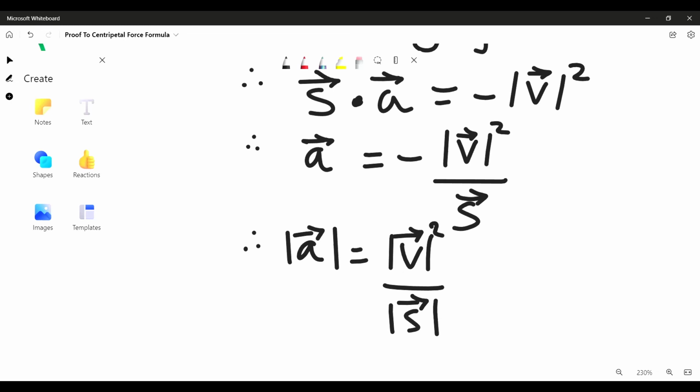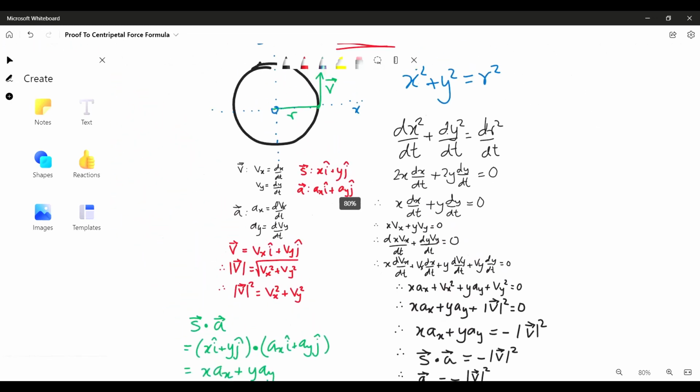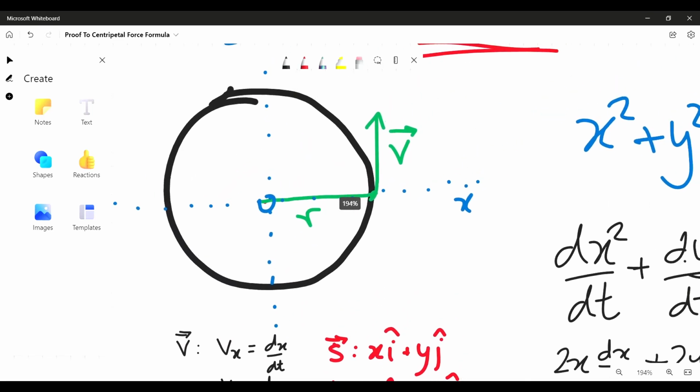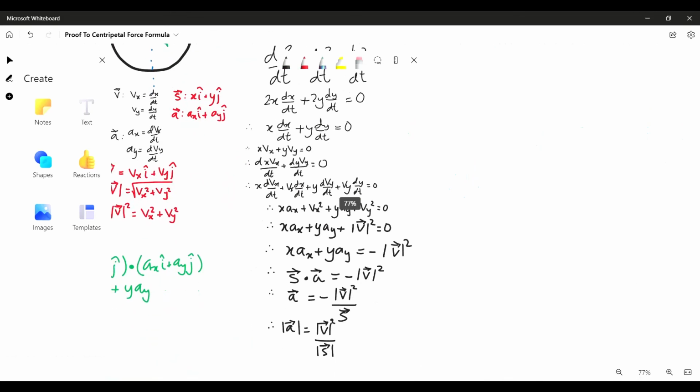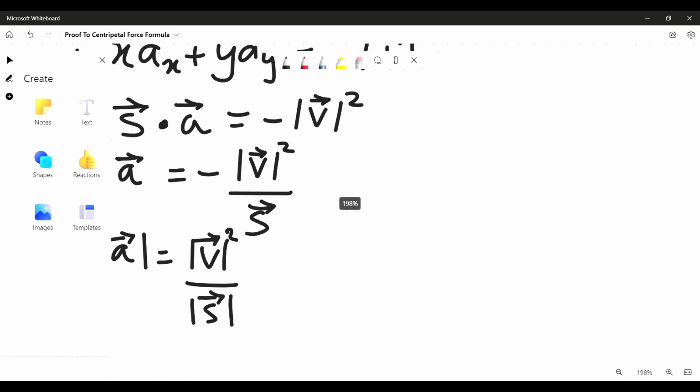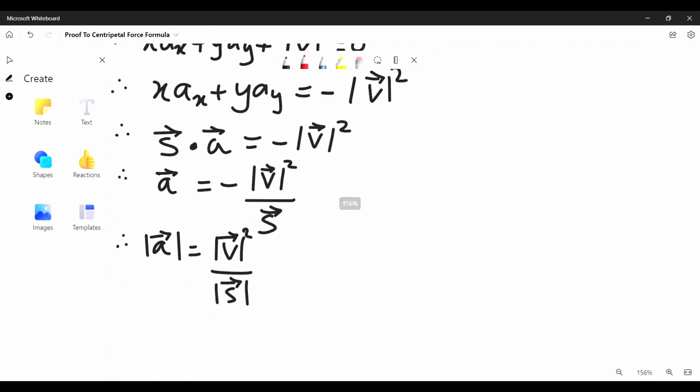And here's an important idea. We'll go back to Pythagoras. Simple Pythagoras here. The r is constant, the radius. So let me just get the rubber here.